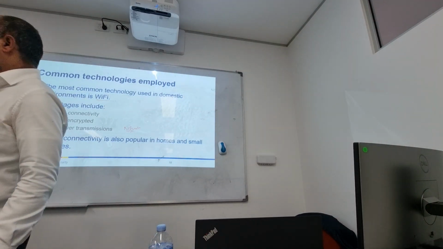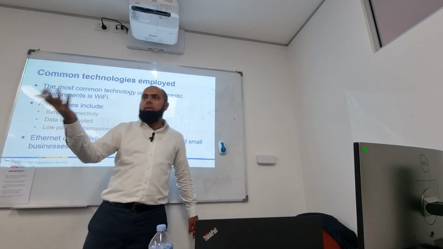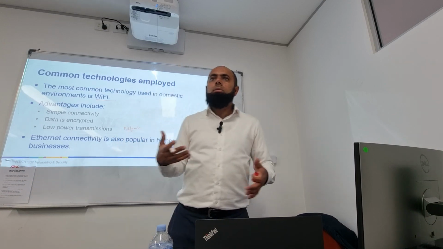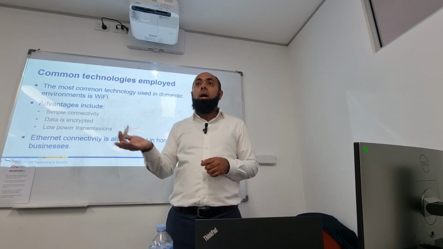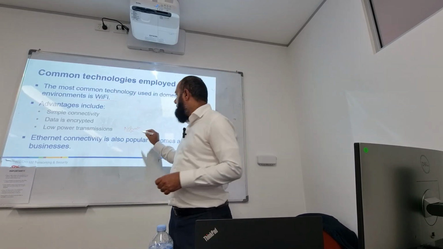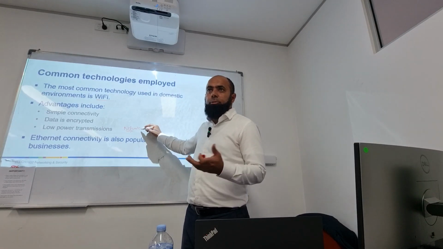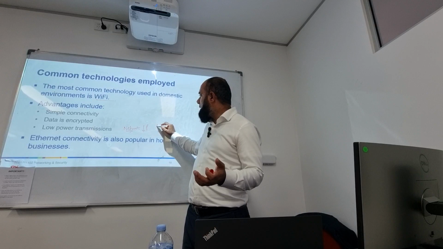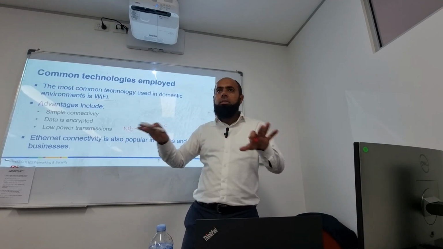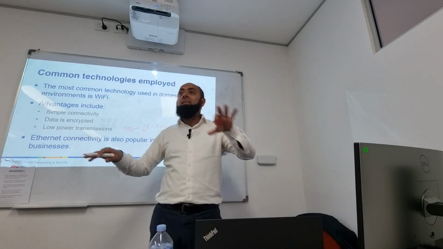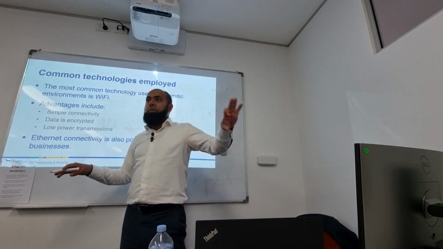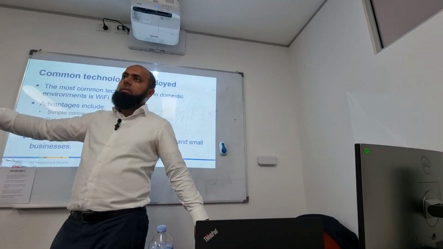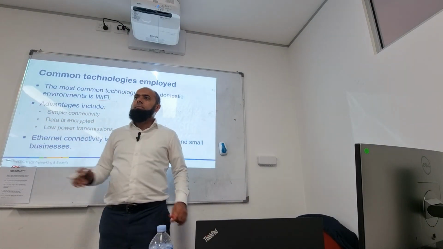On the other hand, the power used at our homes in the cities to put the light on is high power, less frequency. Whereas for networks, computers, mobile phones, they have low power but high frequency. Those are two different domains of electrical engineering. One is power, one is communication. Okay.